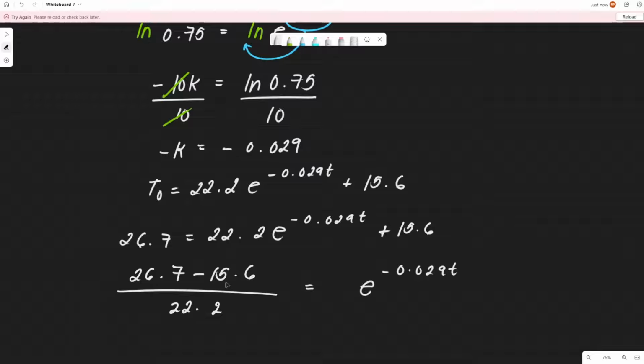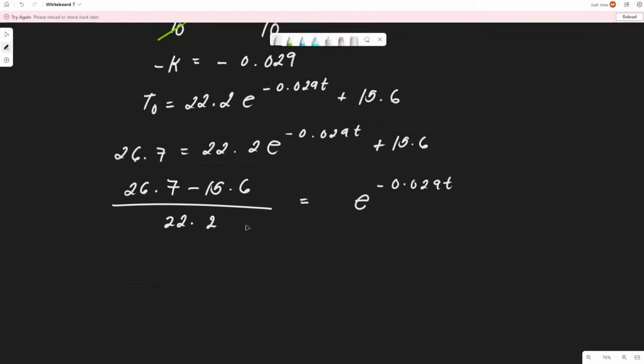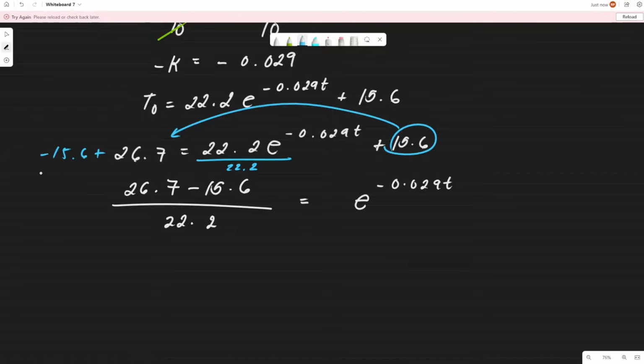Hindi nakakalimutan to guys. So paano tayo nag-arrive dito? This one is transposed to the other side. Then after the transposition, dinivide ko lang all sides by 22.2. Cancel yung 22.2 dito.